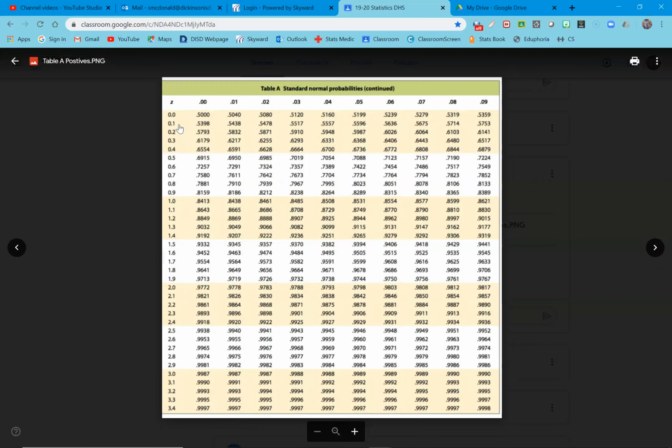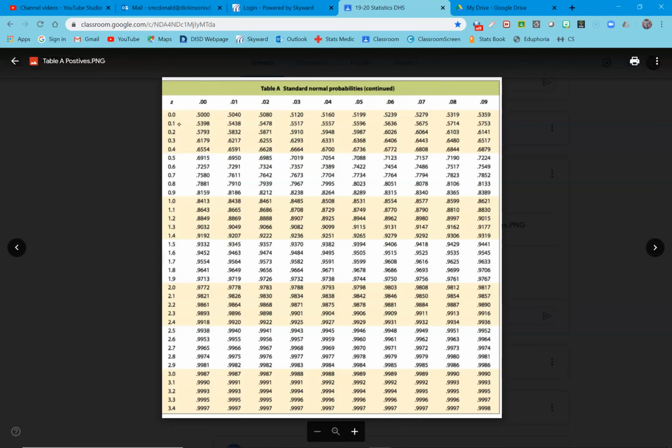Alternatively, if your z value is greater than positive 3.5, your z-score is actually going to be 1, because you see right here how all of these numbers are counting up towards 1, but never actually getting there.